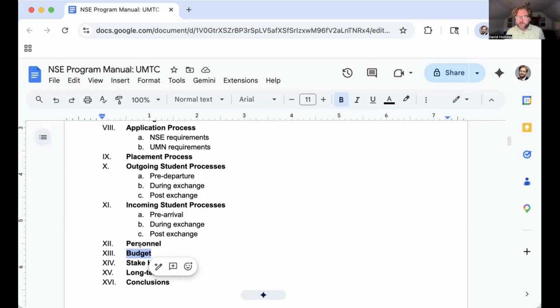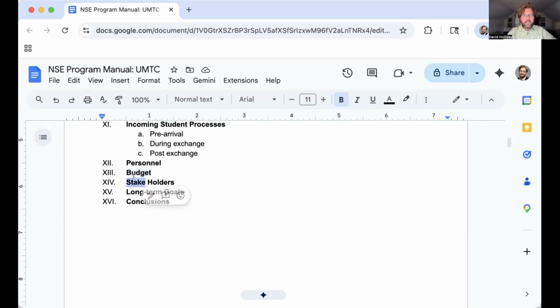This was several years ago. But there are also some opportunities that came with that, things like capturing a portion of the tuition dollars relating to NSE. So outlining the budget: these are complicated things that happen on our campus, budget strings and things like that, and I want to make sure it is written down for somebody in the future to see.